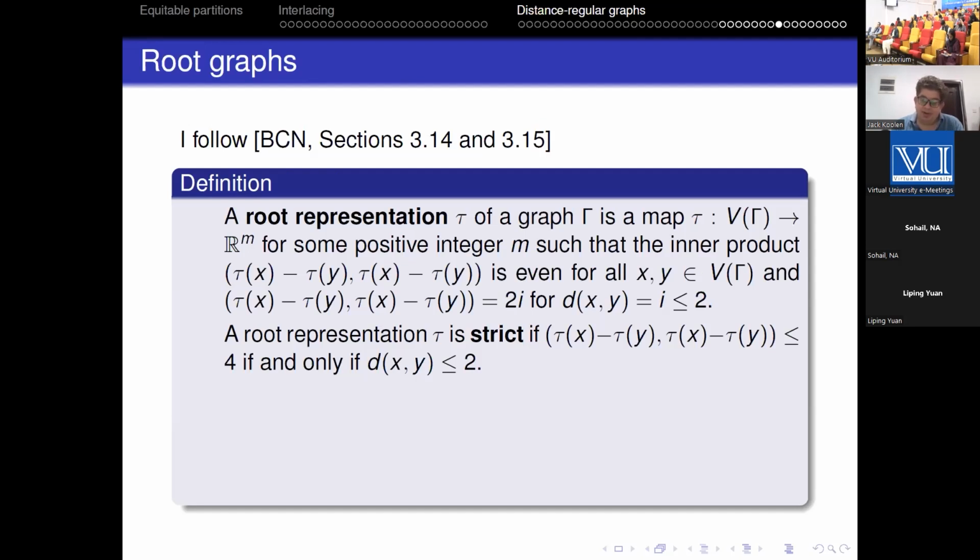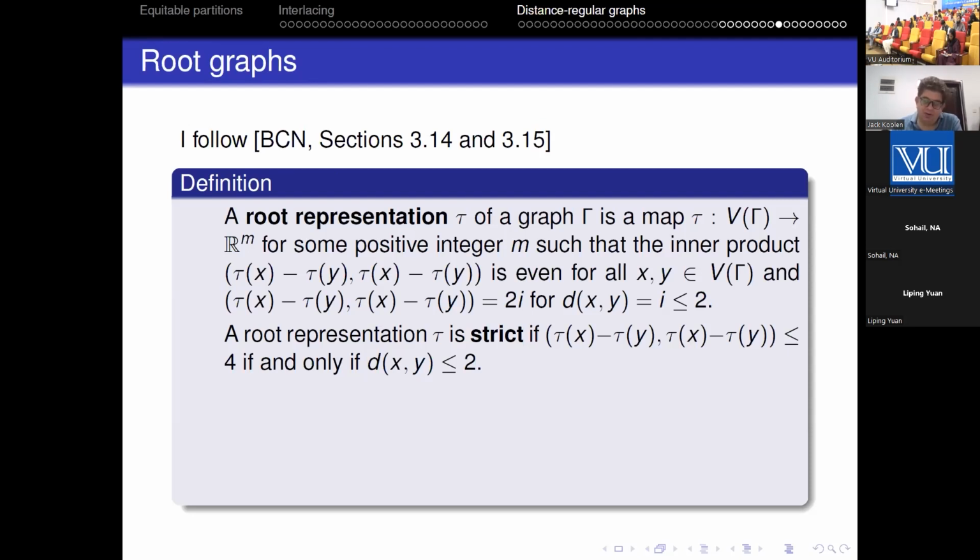A root representation is a map tau from the vertex set to the Euclidean space of dimension m, such that for two vertices x and y, the inner product of tau x minus tau y with itself is always even, and it is equal to 2i if i is at most 2. We don't require anything else.